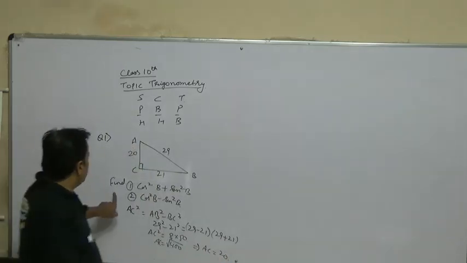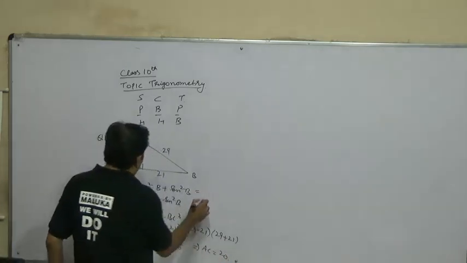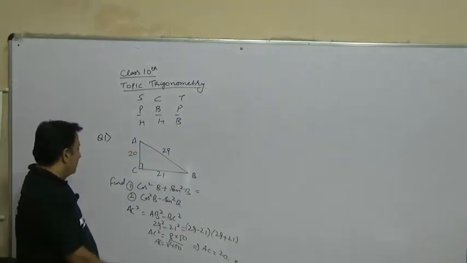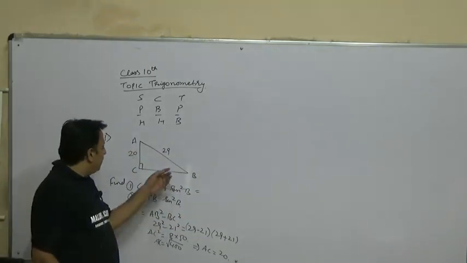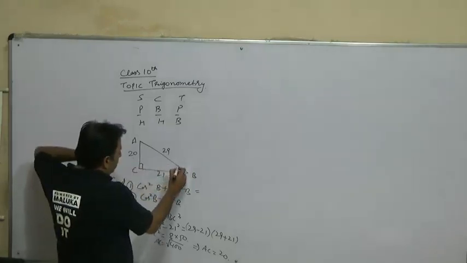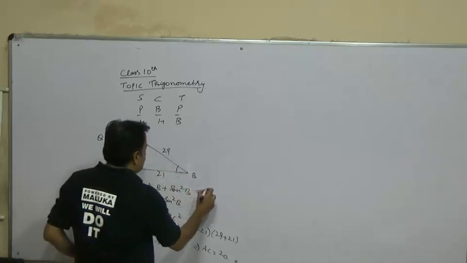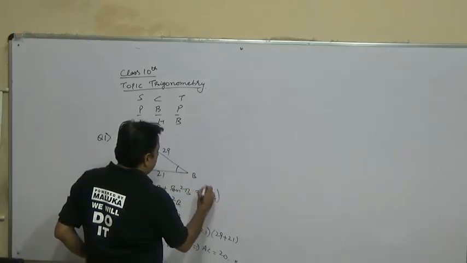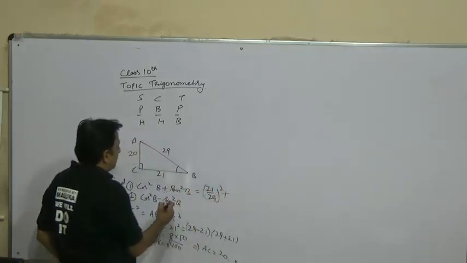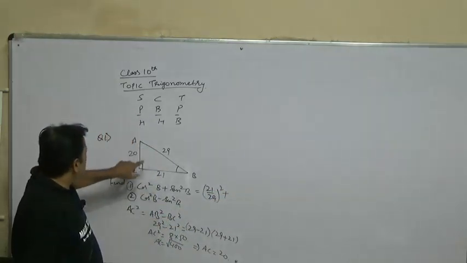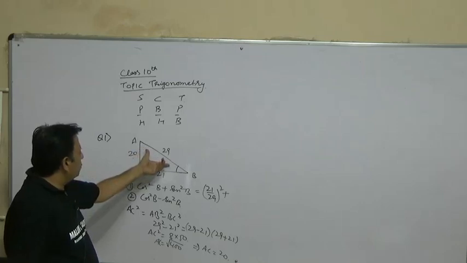So first we want to find the value of cos square B plus sin square B. What is cos square B here? First we have to find cos B. So this is your B. This will be base upon hypotenuse, that is 21 upon 29 whole square. Then sin B is perpendicular over hypotenuse. Perpendicular is 20, hypotenuse is 29.